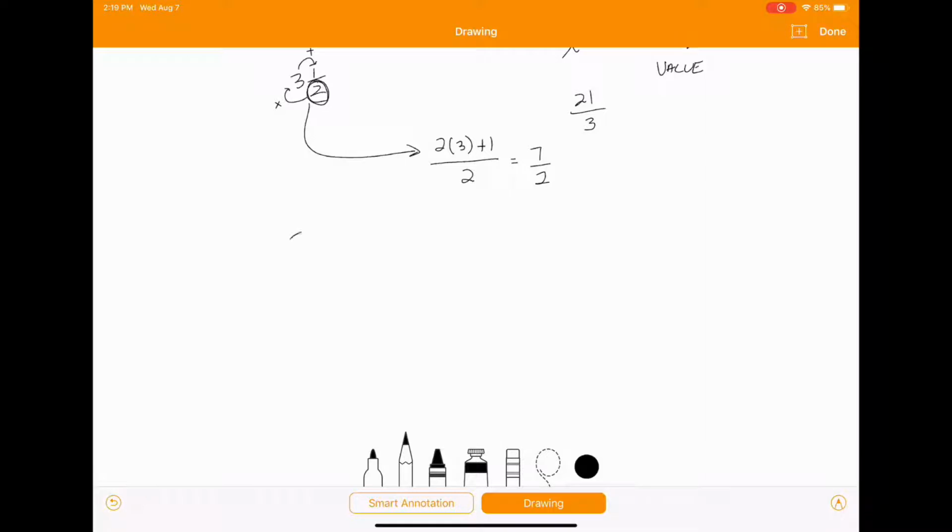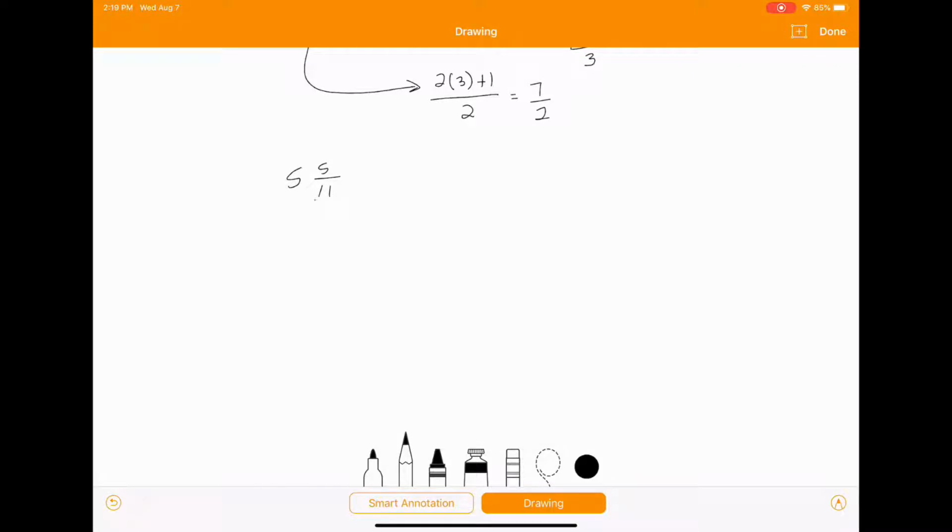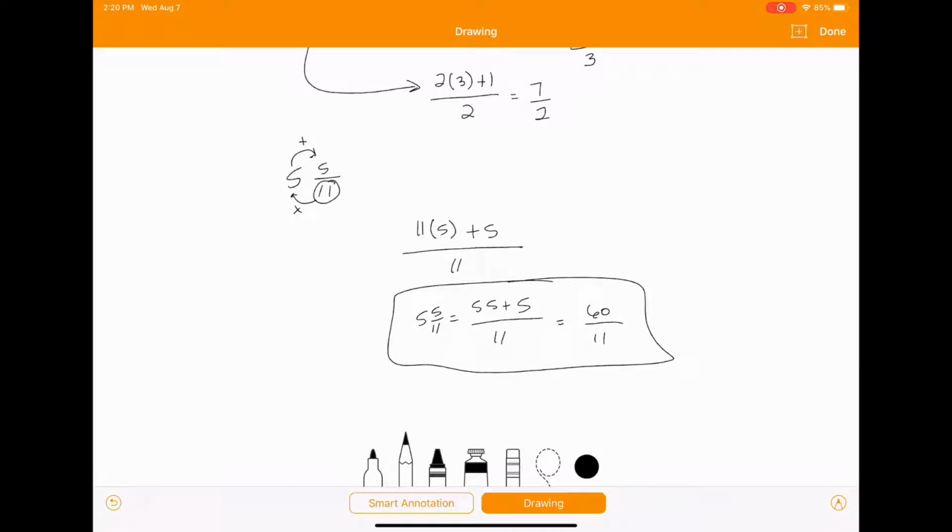Again, if we do another one, if we had 5 and 5/11ths, again, you're going to take this times here, add that, place it all over the bottom. So 11 times 5 plus 5 all over 11. So 5 and 5/11ths is equal to 55 plus 5 over 11, which is 60 over 11. And that would be your answer there.